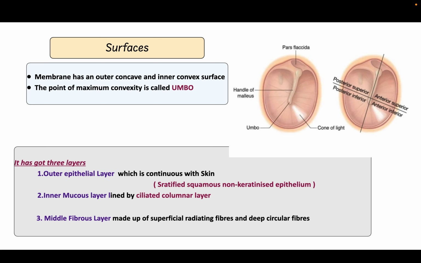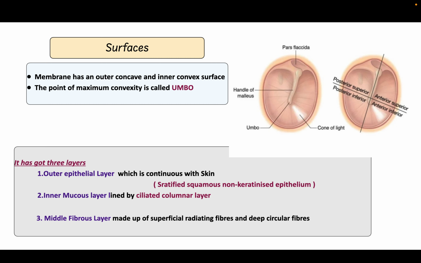Then the inner mucous layer is lined by ciliated columnar epithelium. Then the middle fibrous layer is made up of superficial radiating fibers and deep circular fibers. So this is the internal structure of the tympanic membrane.